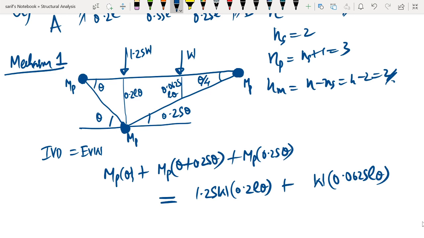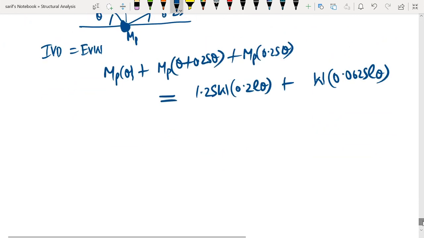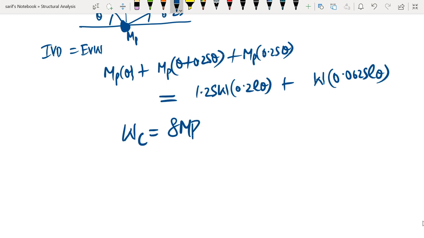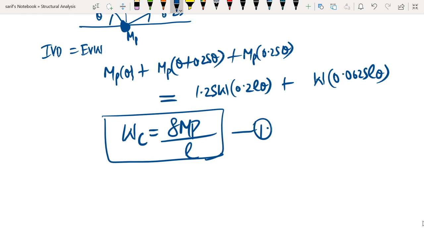If we try to simplify this, we are going to get WC is equal to 8 MP divided by L. So this is the first value of the collapse load we are going to get from mechanism number 1.